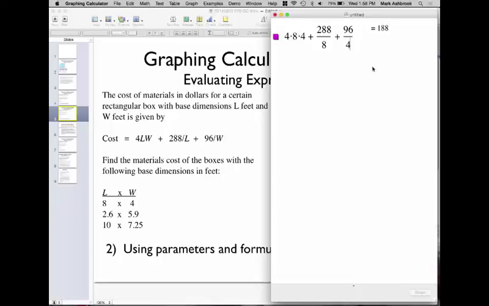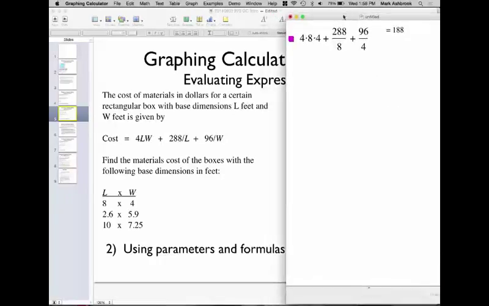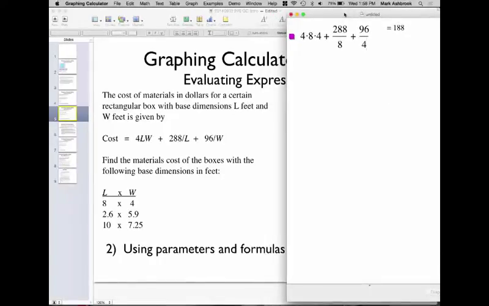All right, so another way to do the same thing would be using what we call parameters and formulas. So I can set this up as a formula. And I want to show you how you can use character strings as parameters and variables. To do that, you're going to hit backslash, the true backslash, which is above your return key.